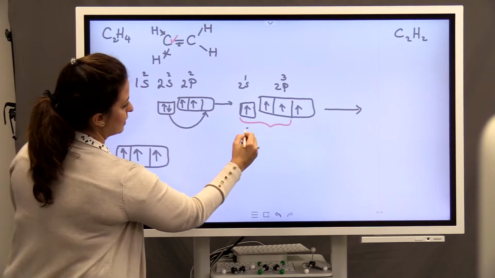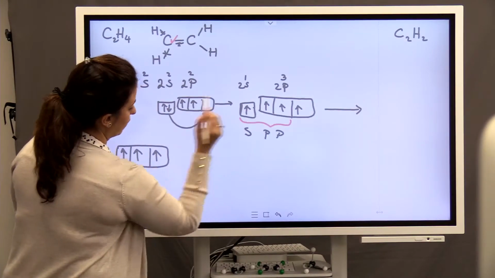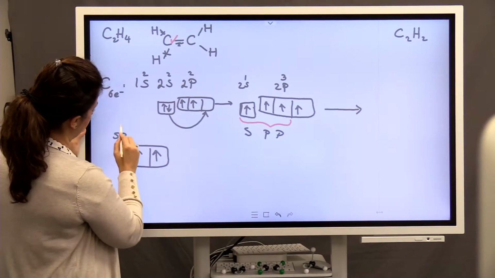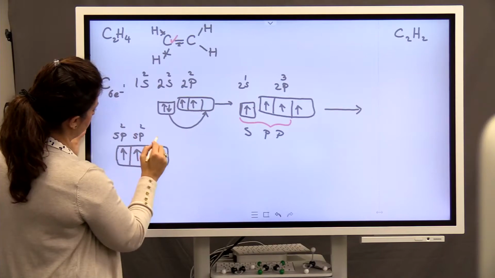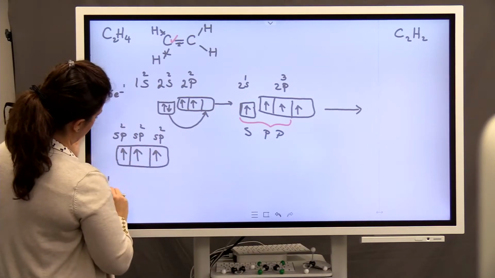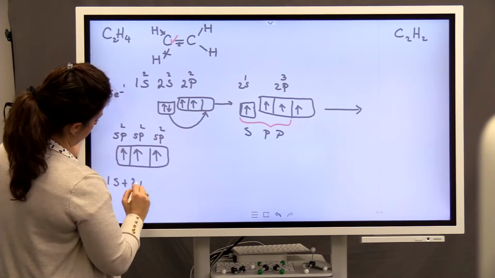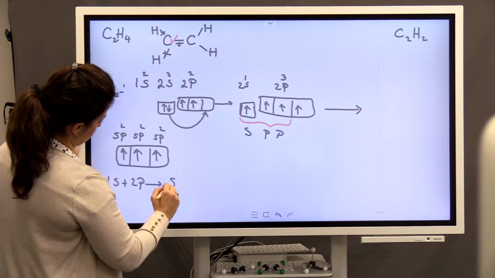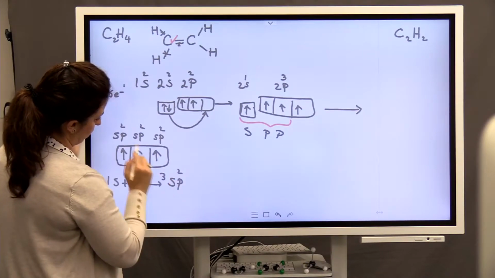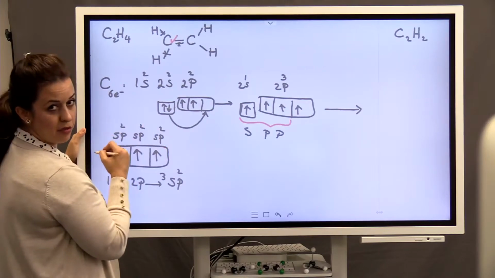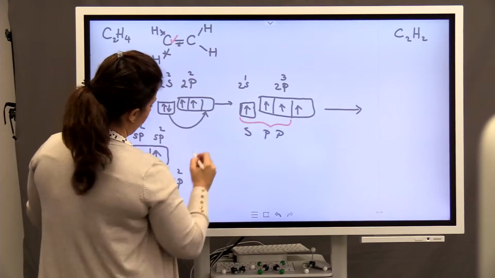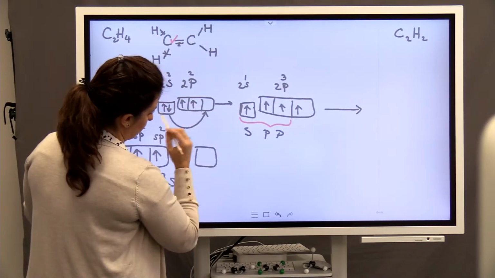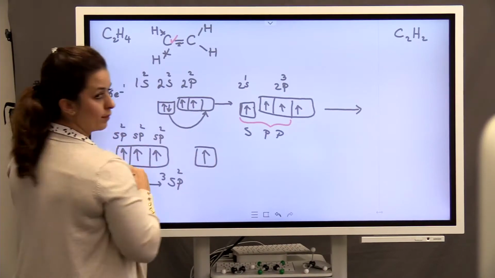So it's 1s and 2p, right? So the hybrid is sp2. 1s plus 2p gives you sp2. How many? 3, because 2 plus 1 is 3. Now, we have a leftover p orbital, right?